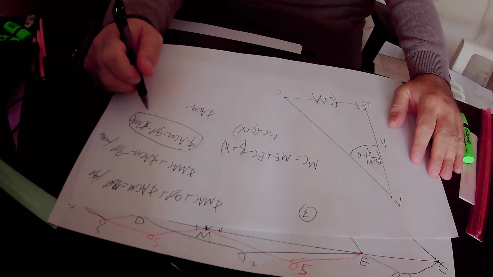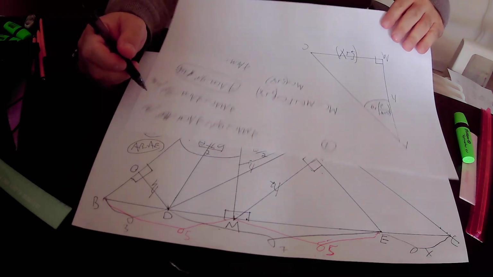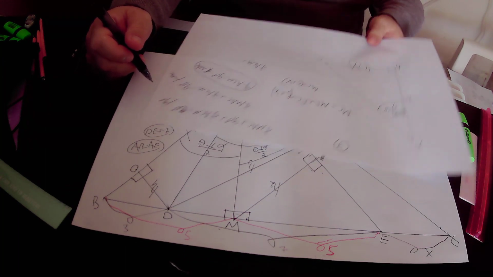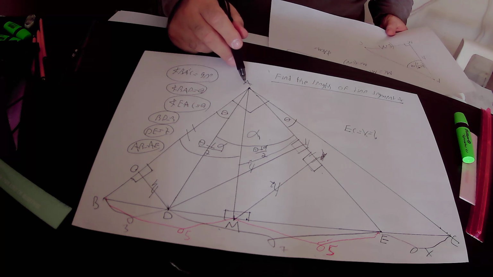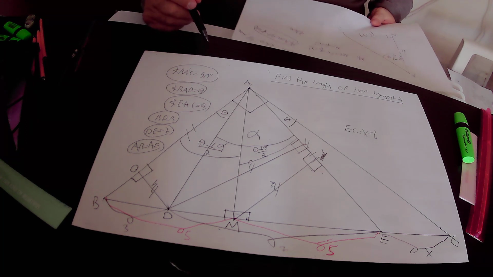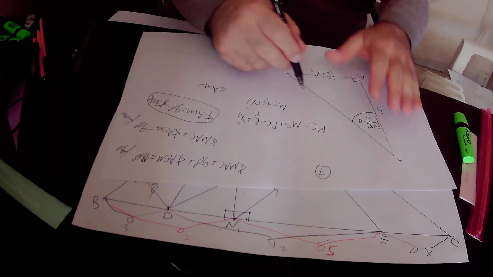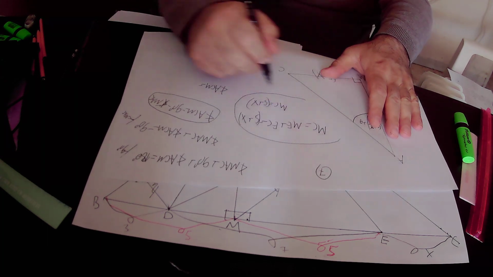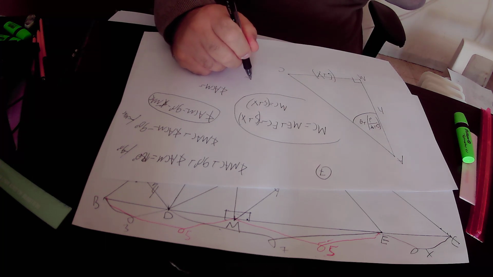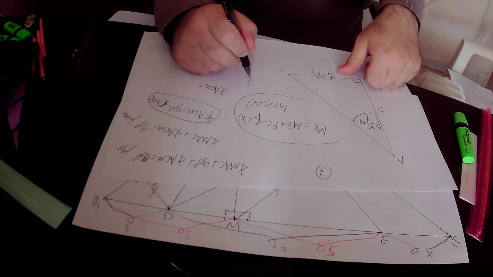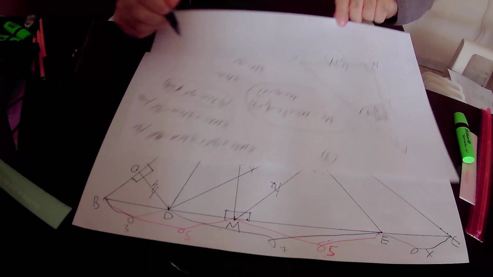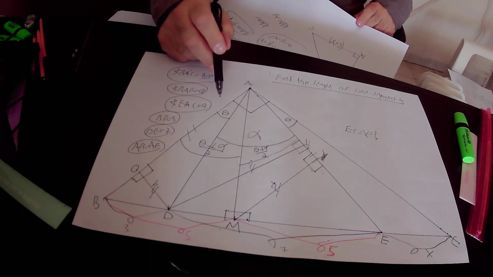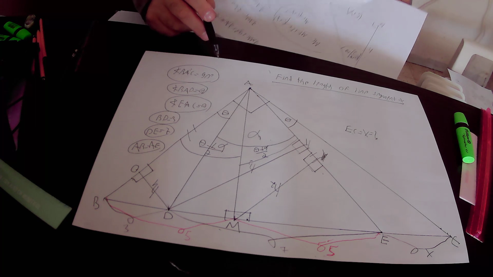What we know is that angle BAC equals 90 degrees. From one side, but from the other side it equals theta plus alpha over 2 plus theta.